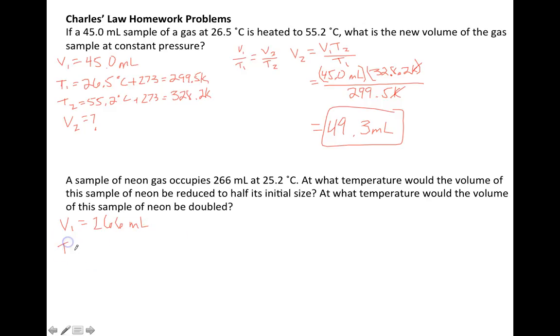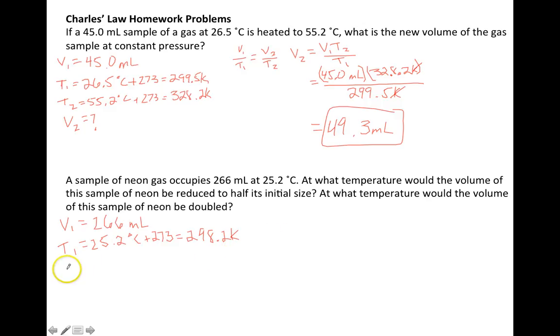And T1 temperature is going to be 25.2 degrees Celsius, and I'm going to add 273 to that right away so that I don't forget, and that becomes 298.2. And again, don't forget units are Kelvin.